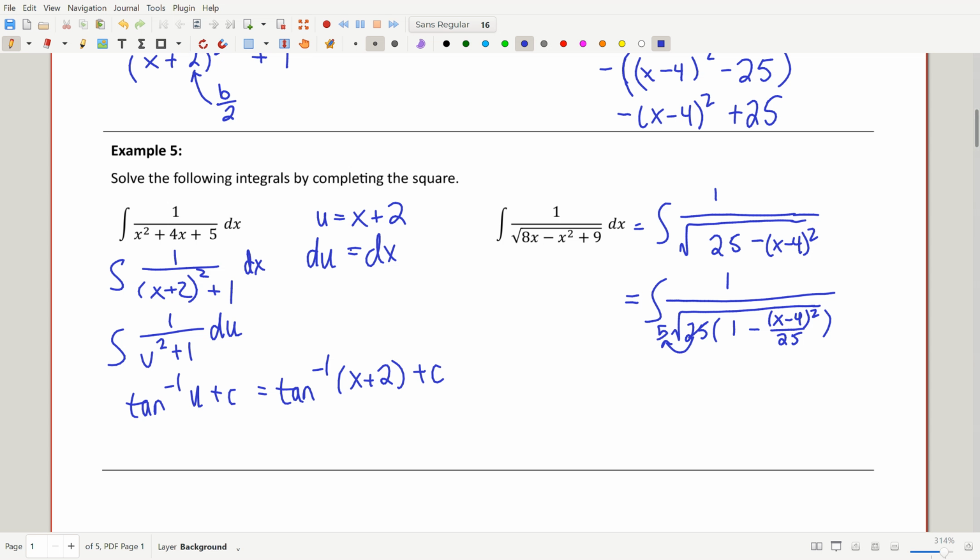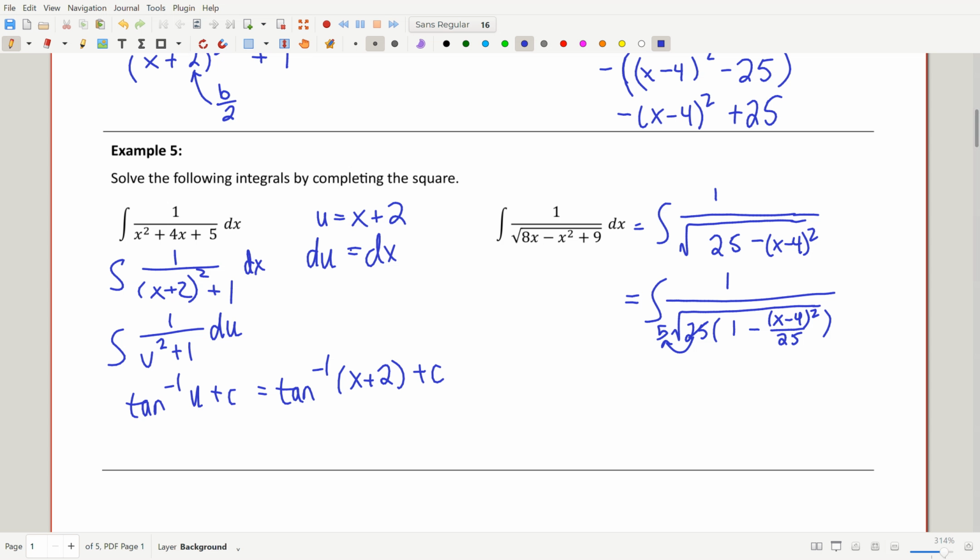That's why I said you shouldn't be surprised when you see a perfect square in there. It still works if that's not a perfect square. You just have an ugly number in your problem. And this is a feature of, we saw this up above in our earlier example, this is a feature of the arcsine. We're going to make our u squared equal to x minus 4 squared over 25.